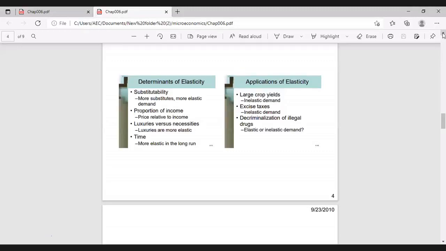So when there are more substitutes, the consumer will substitute the relatively lower priced chocolate for the relatively expensive chocolate. Then if this particular chocolate's price increases, it becomes relatively expensive, so they will substitute other chocolates for it.